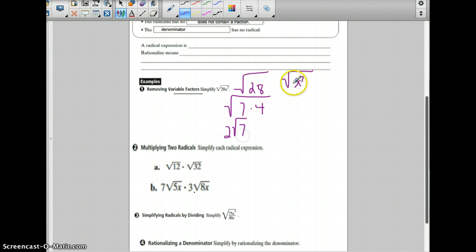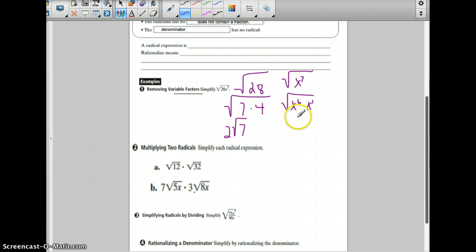Now over here, x to the 7th is x to the 6th times x to the 1st.